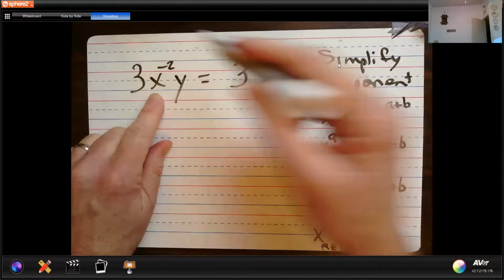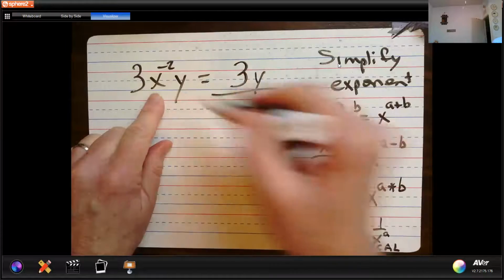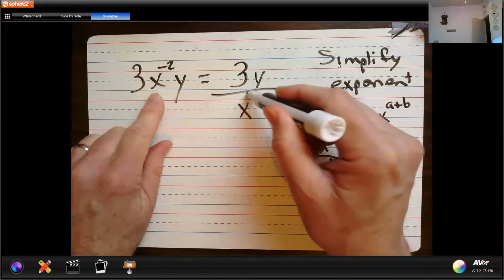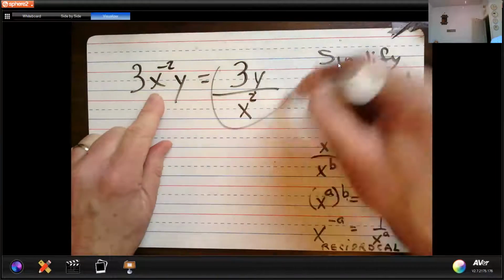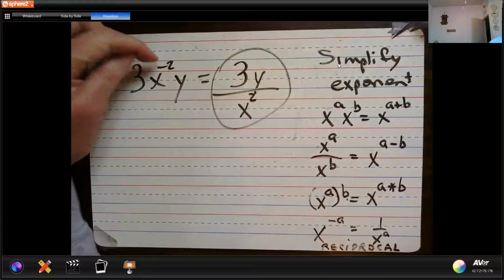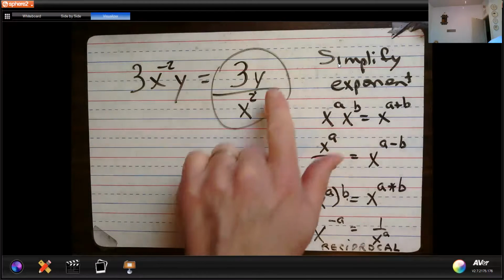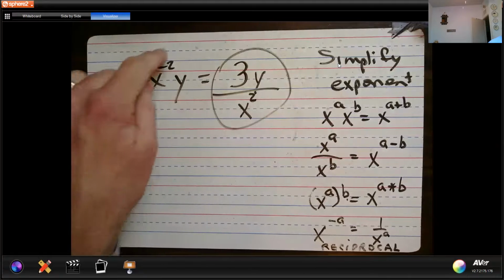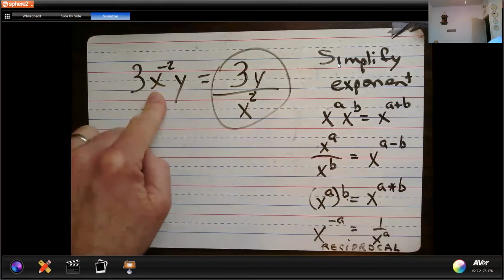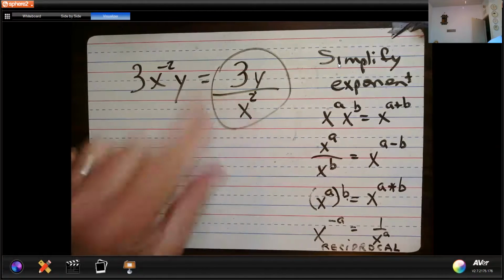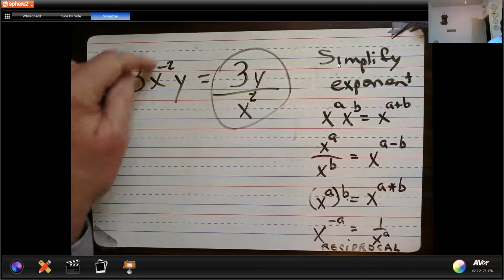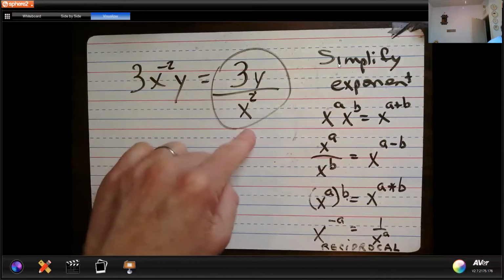So 3 is positive and y is positive, and x squared is on the bottom. The negative just means it's in the wrong place. So you got to move it down. You want the reciprocal. So if it's on the top, it needs to be moved to the bottom.